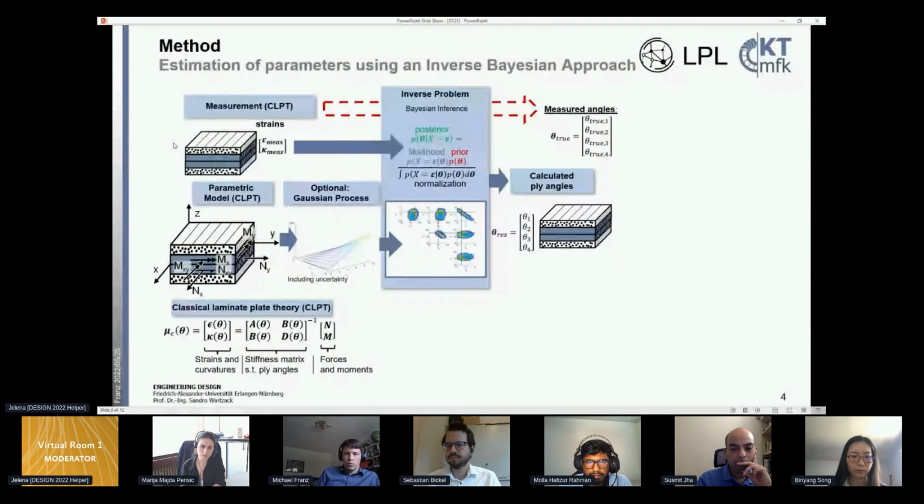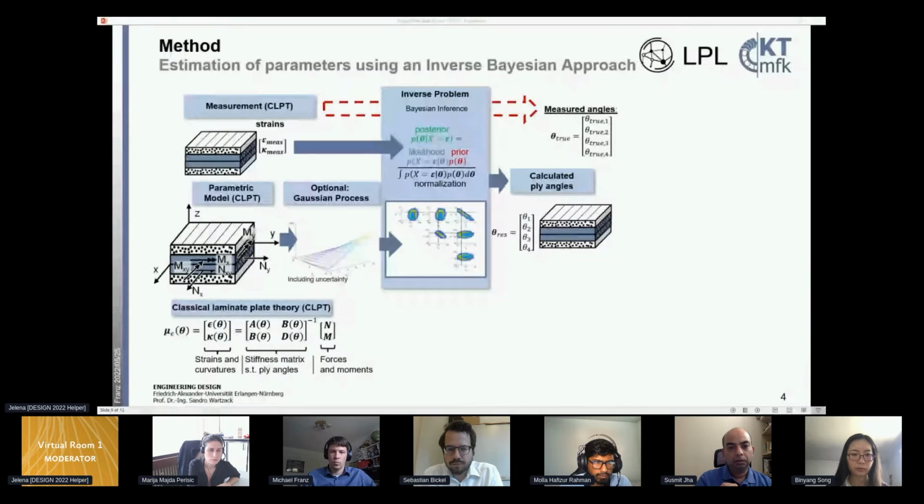The solution algorithm calculates the most likely solution by fitting the model parameters to result in the measurements using probability distributions. The Bayesian inference representing the inverse problem consists of three main parts: the posterior, which is the resulting distribution, the likelihood, which represents the current likelihood of the distribution, and the prior, which is prior information like nominal parameter values.